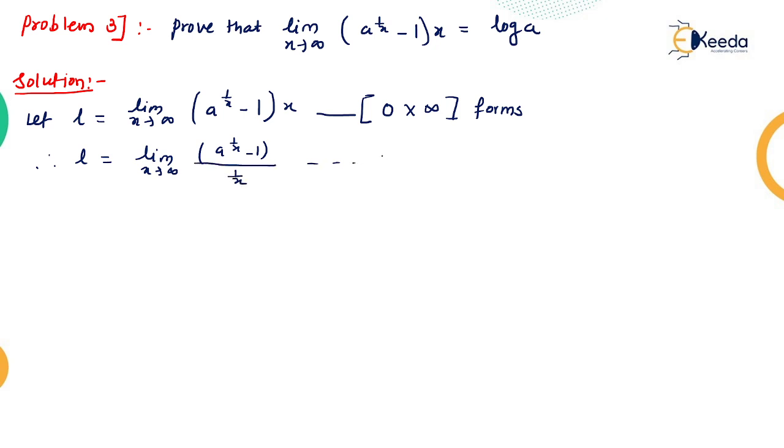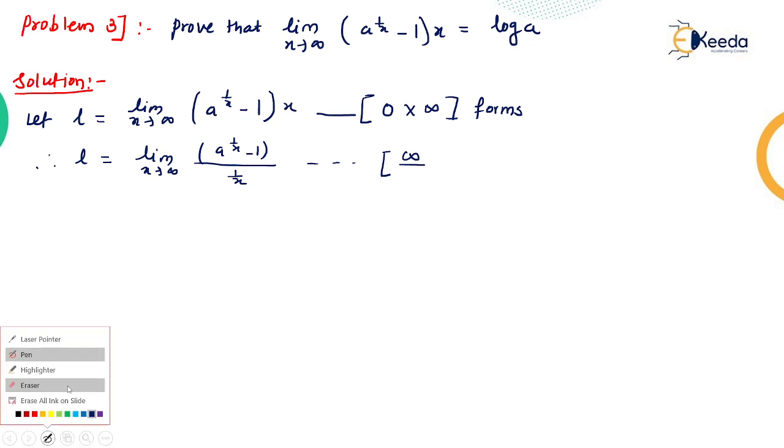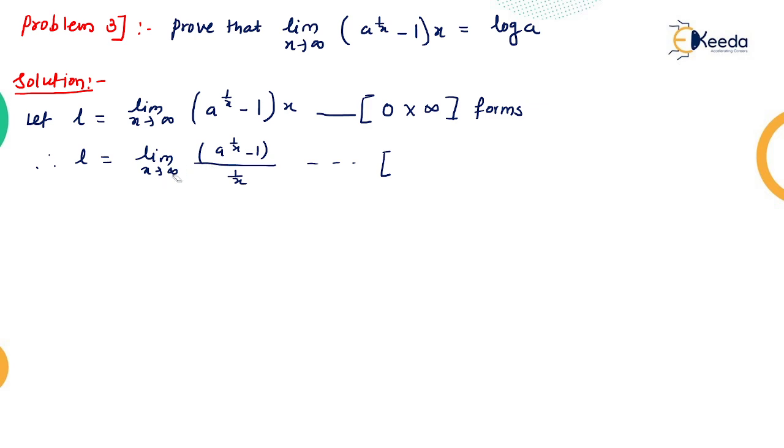Observe which form this is now. It is converted into a 0 by 0 form, because when we substitute x as infinity, the numerator becomes 0, and the denominator 1 upon infinity is also 0. If this takes the 0 by 0 form, then we can directly use L'Hospital's rule.